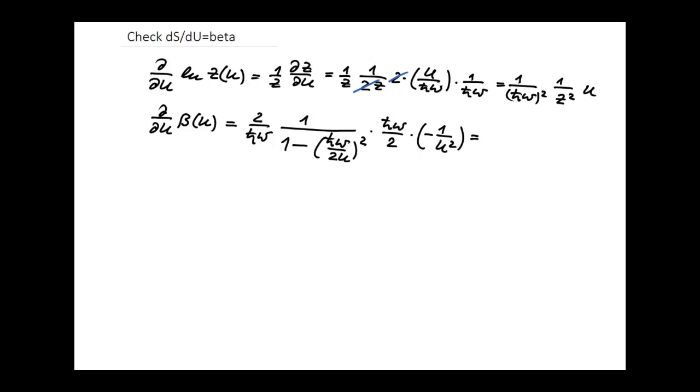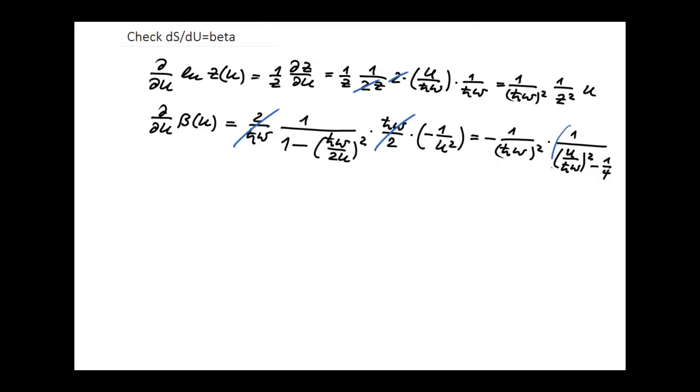And when we simplify this a little bit, you see there are again some cancellations. These 2 factors cancel, and we are left with minus, and then we can factor out 1 over (h bar omega) squared, and we have a 1 over (u over h bar omega) squared, so I take in the 1 over u squared, minus 1/4.